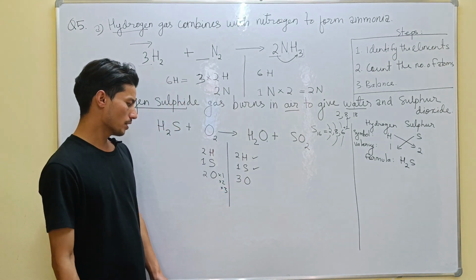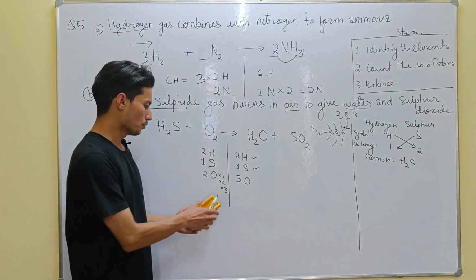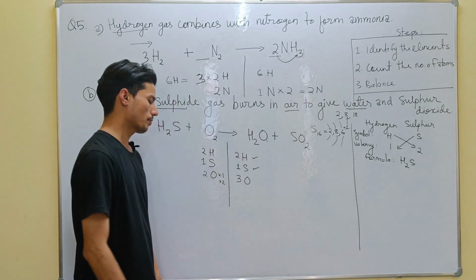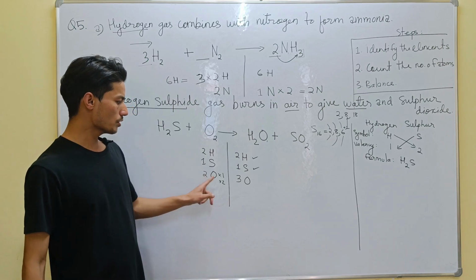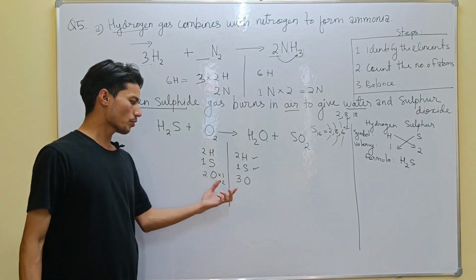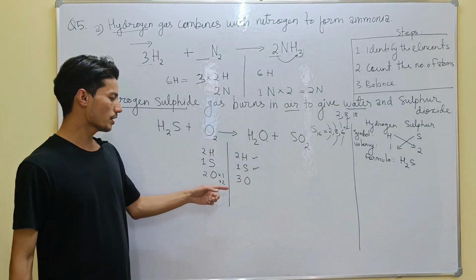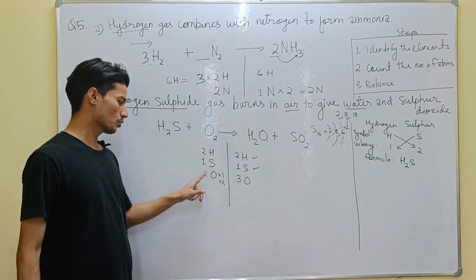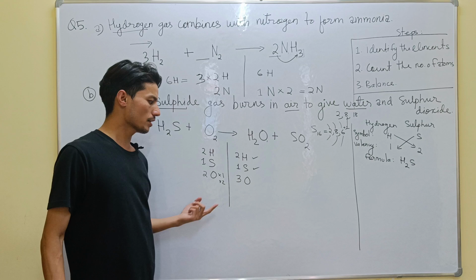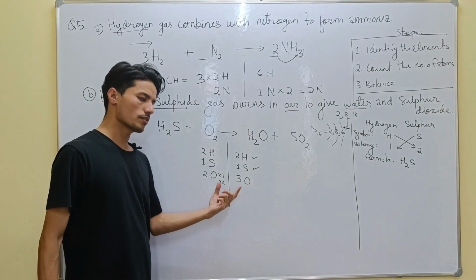But this is 3 again, so they're not the same. So usually in this case we go for common numbers, so I should be going for 6. 2 3s are 6 and 3 2s are 6. That will be the case, usually.